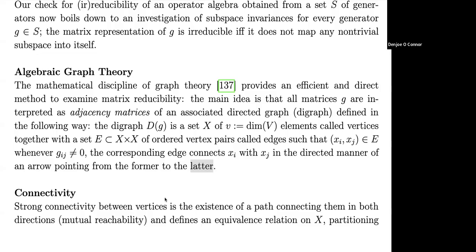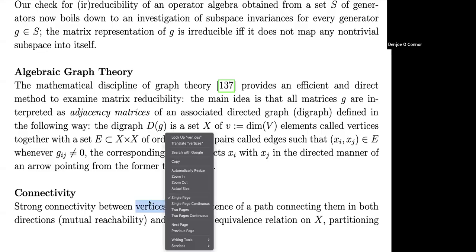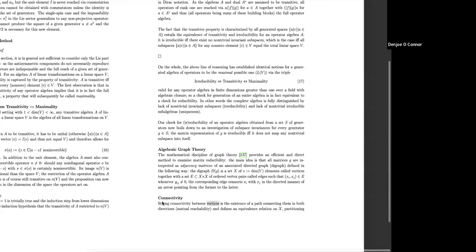And now you take those matrices and draw graphs where the vertices represent all the basis states. And now you construct the graph in accordance with the adjacency matrix given by those operators. So I will visualize it because it's easier to see.